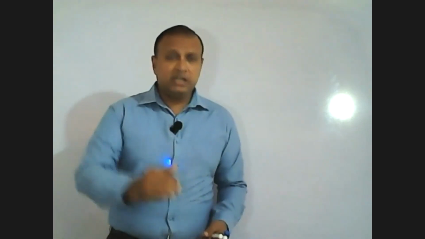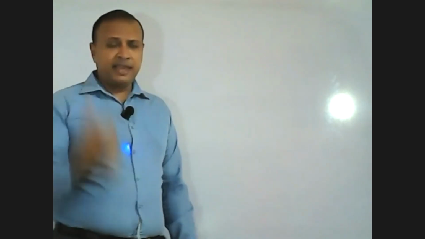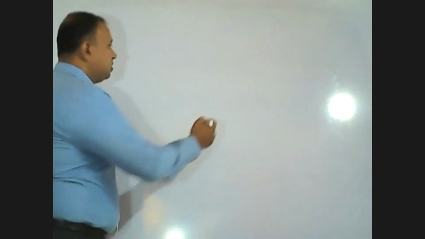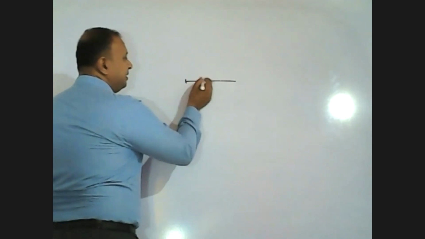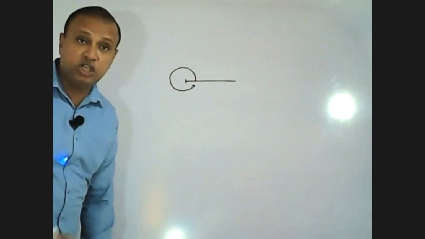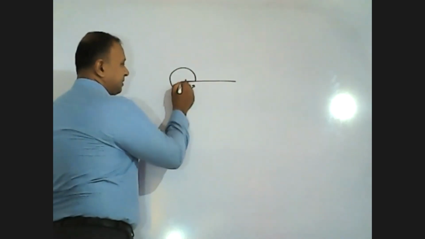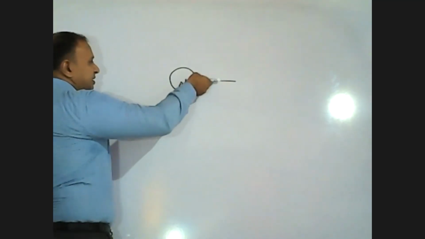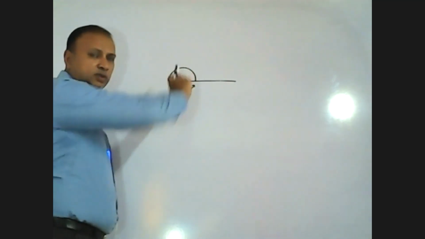According to that definition, you can clearly understand the angle can get an infinite number of values. It is not limited to 180 degrees or 360 degrees, because according to the definition, angle is the amount of rotation around a certain point. So this rotation can get any value, no?